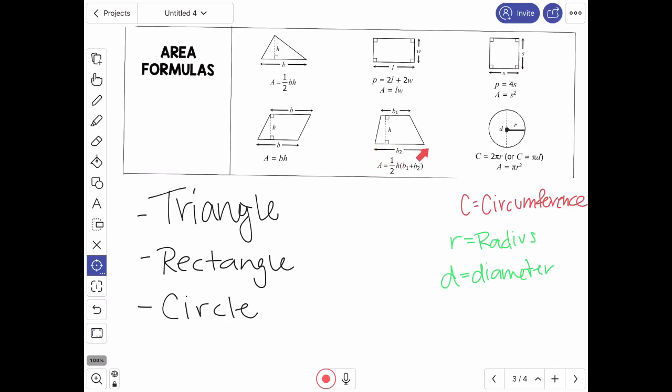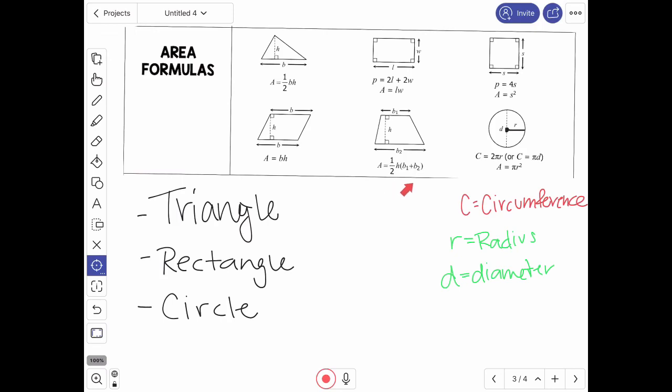So here's base 1, here's base 2. You're going to add them together, multiply them by the height, and then multiply them by a half. Whenever you multiply something by a half, you're really dividing it by 2. So the same thing up here: base times height divided by 2. That's another way people like to talk about the area of a triangle.